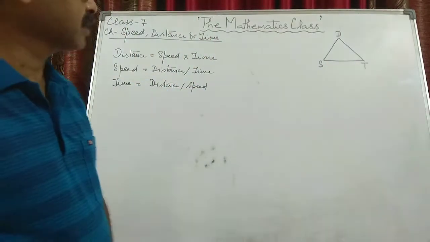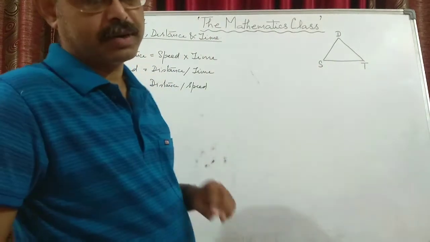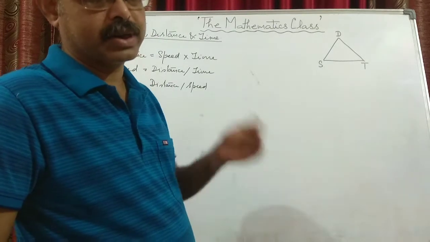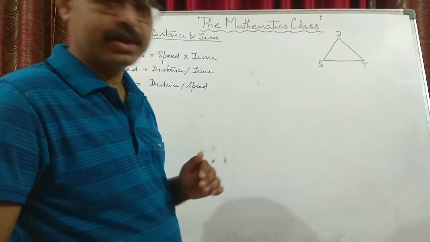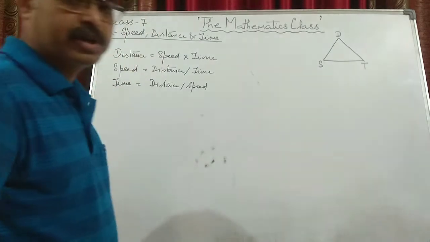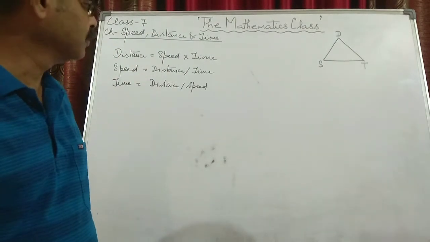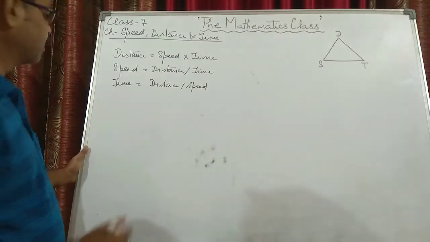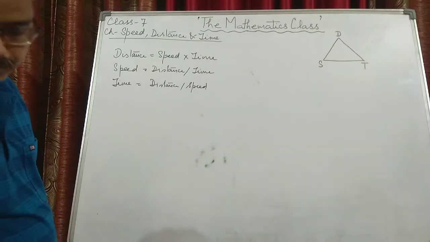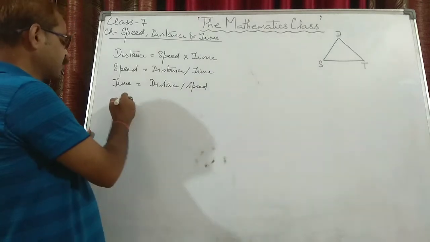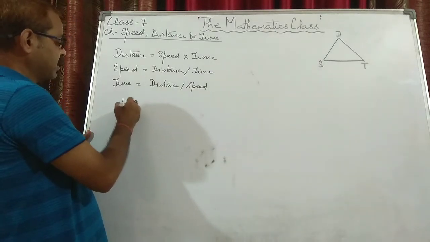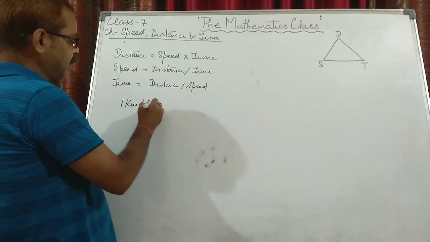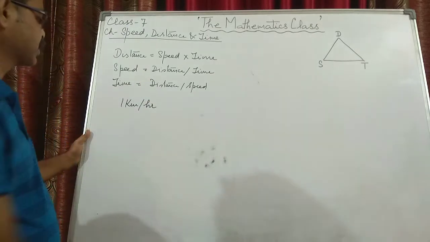Now one more thing that is there, the conversion of kilometer per hour to meter per second and meter per second to kilometer per hour. I'll show you how to convert 1 kilometer per hour to meter per second.